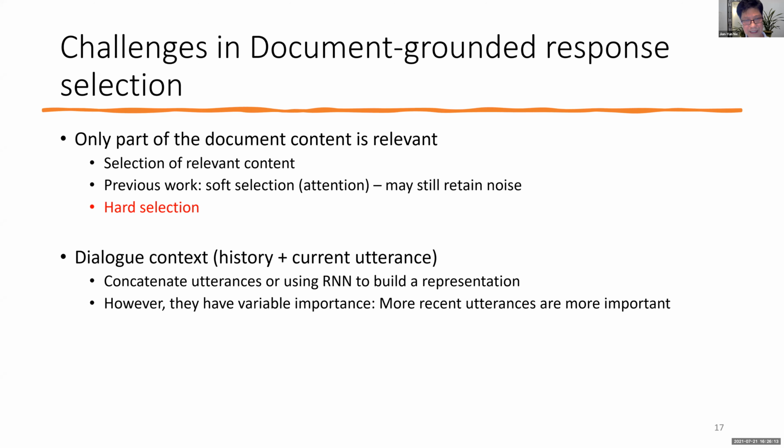But in practice, when we drive a conversation, the most recent utterances are obviously more important than some distant utterances. And this fact is not considered in the previous approaches. So what we do here is to use a decay function to assign more importance to the recent ones. So I'm going to present the work to incorporate those two elements.